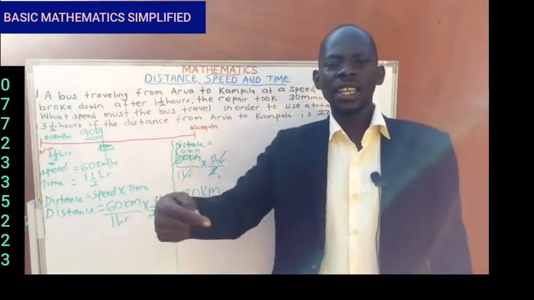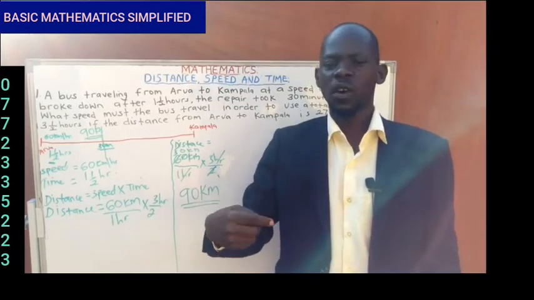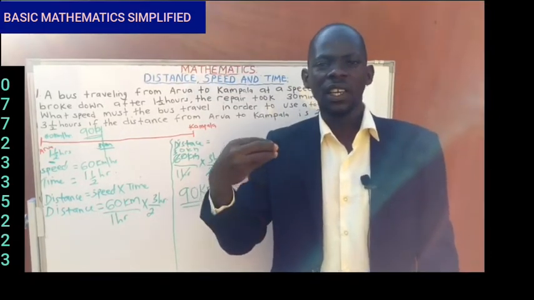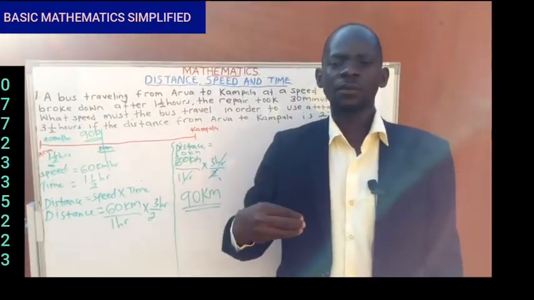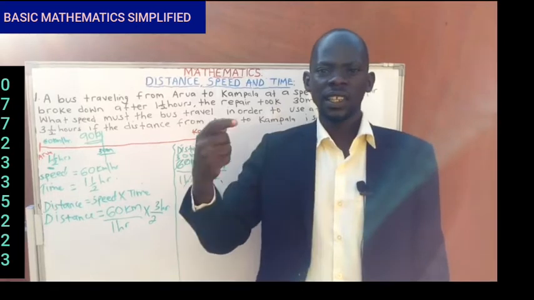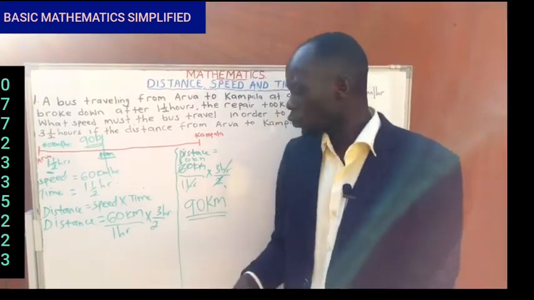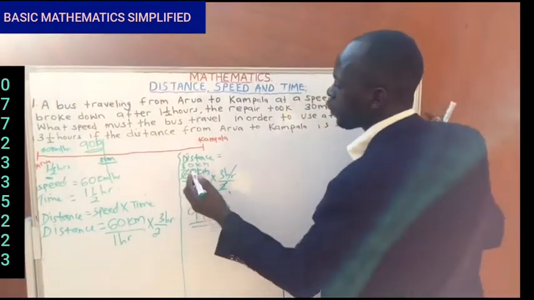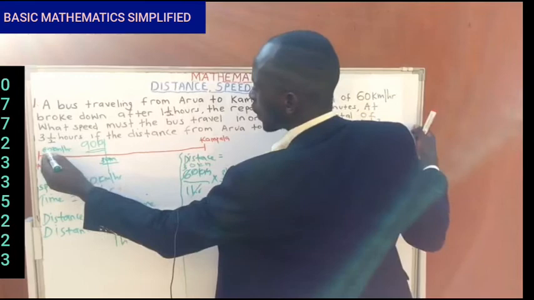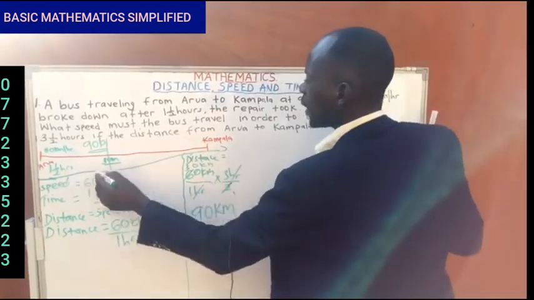What advice can you give that driver? What speed must the bus travel at to make sure that he covers the distance of 270 as a total? The total from Arua to Kampala is 270. So far, the distance from there to there is 270 kilometers.